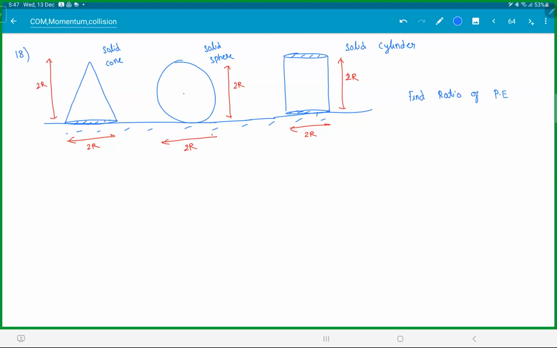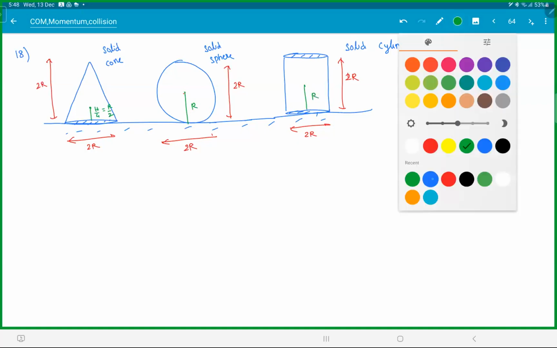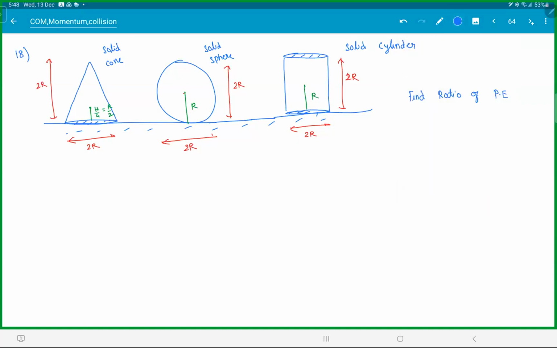Okay. For this guy, the center of mass is here, H by 4, which is R by 2. This center of mass is R. This center of mass is also R. So mgh, so rho, volume 1 by 3 pi r square, 2r. This is the mass. G H. It's 2.